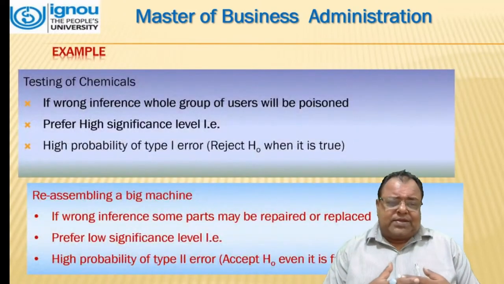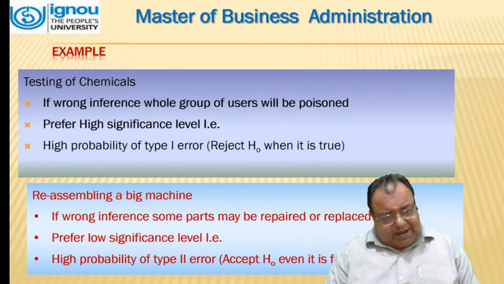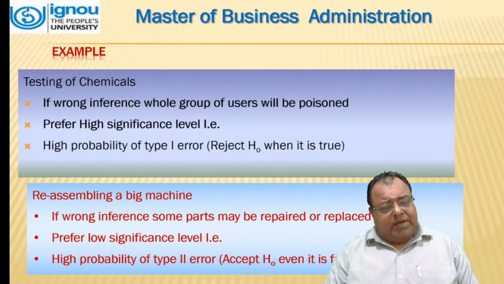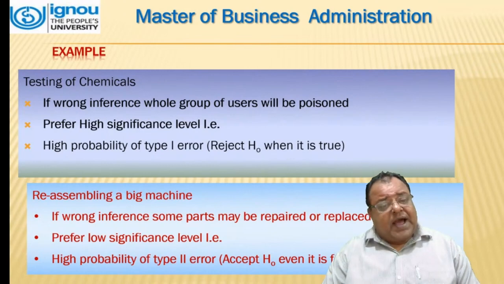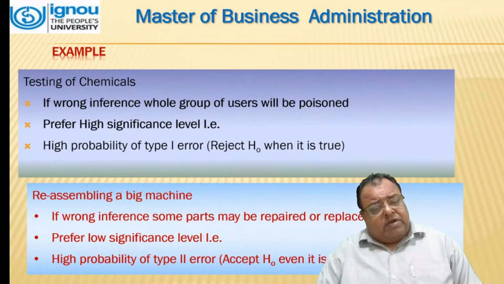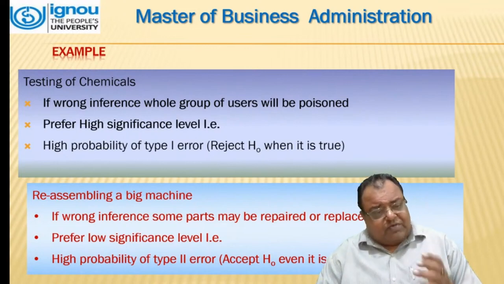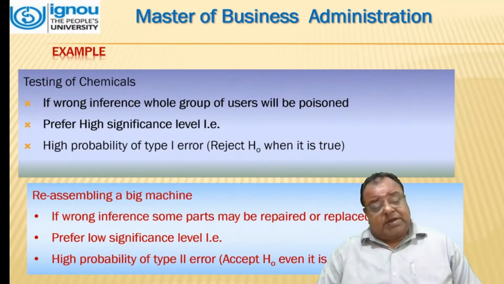Now we will see some examples where these types of errors are committed. In testing of a chemical, if wrong inferences, the whole group of users will be affected. So we prefer high significance level, high probability of type 1 error, and we reject H0 when it is true. Second part, reassembling a big machine.